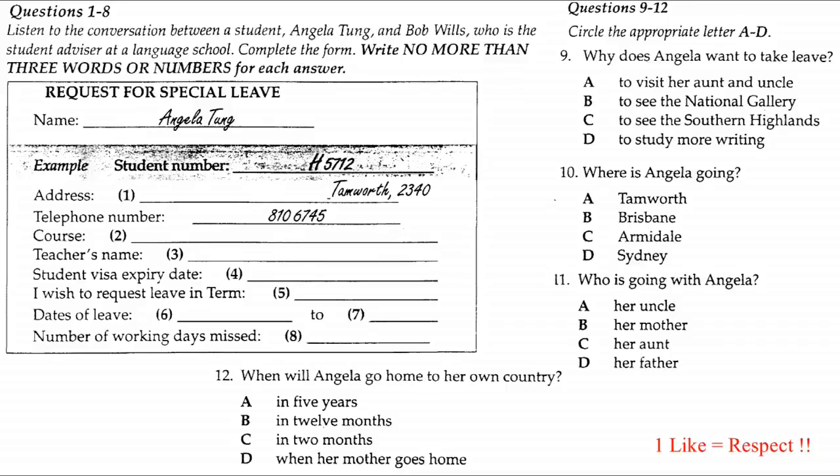When does your student visa expire? Let me look. July 15. July 15. OK. Which term do you want to take leave? Do you want dates? First, I have to write a term number. When do you want to take leave? In term 1. OK. Term 1.